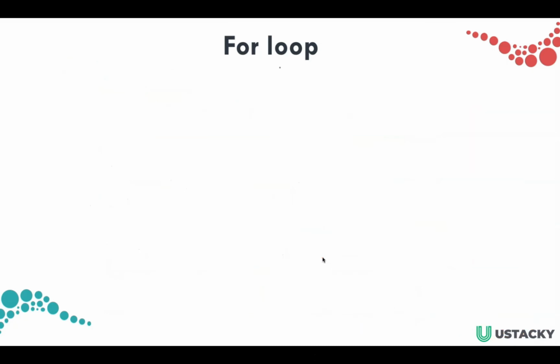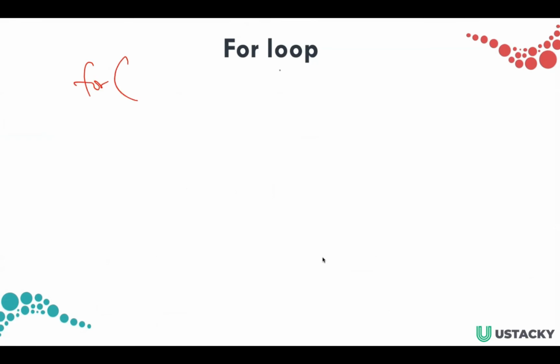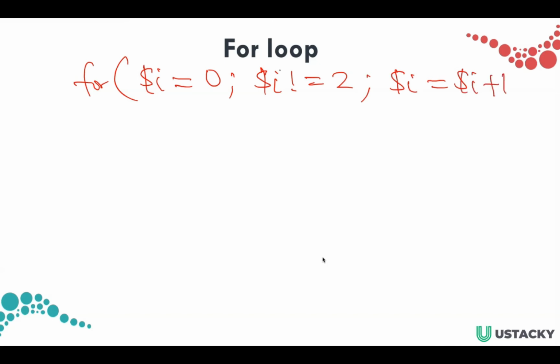So we can write our loop as this. For our starting point is 0. The second component is now $I is not equals to 2. And the last component is $I equals to $I plus 1.